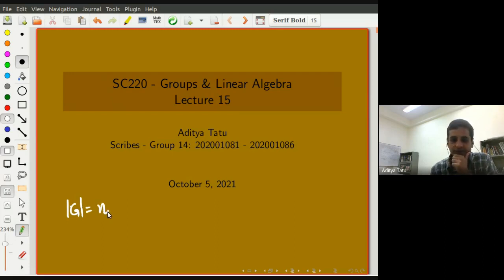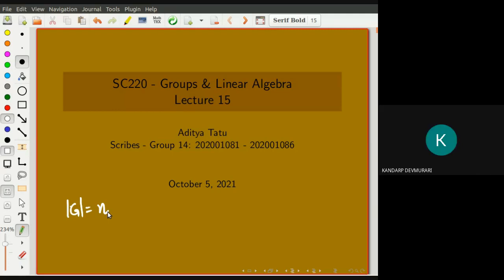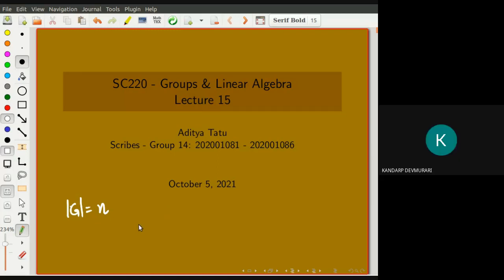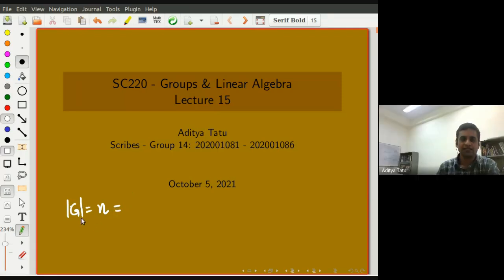Are you aware of the fundamental theorem of arithmetic? Yes, sir. So what does it say? Any number can be represented as the product of powers of the primes. Right. So let's say the abelian group that is given to you has order n.